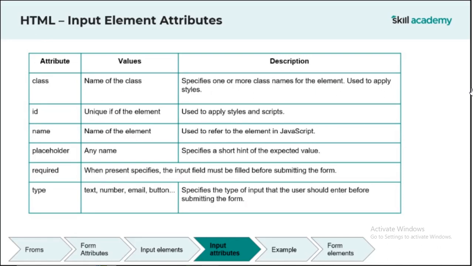If you are going to write required in input type text or in input type email, it will make that field mandatory. Means user को वो information भरनी ही पड़ेगी. User cannot click on the submit button until and unless he or she fills in that information.